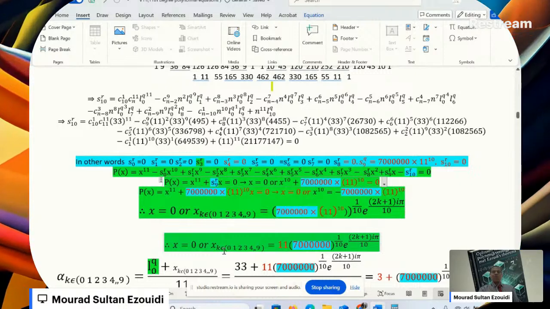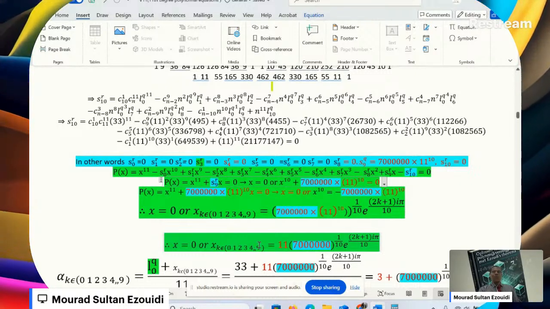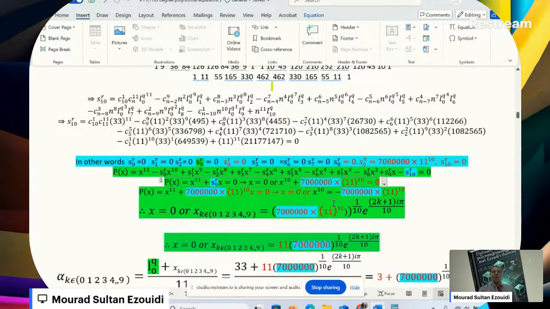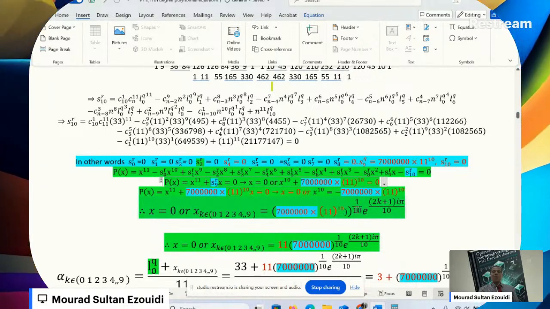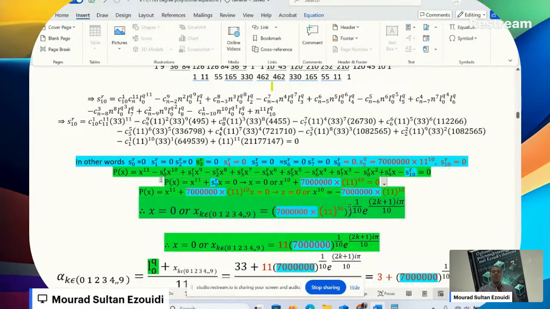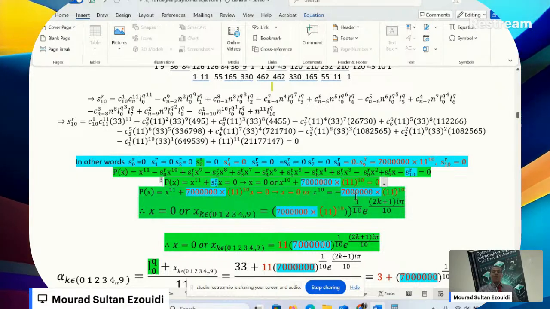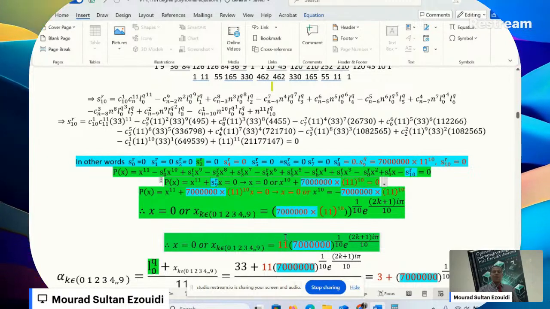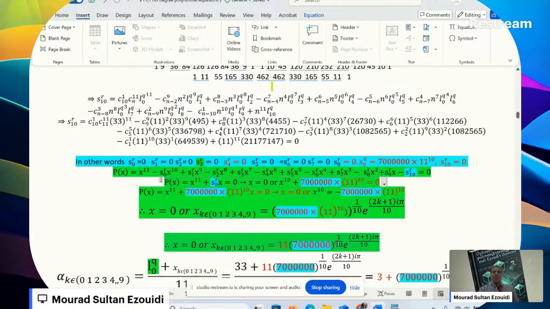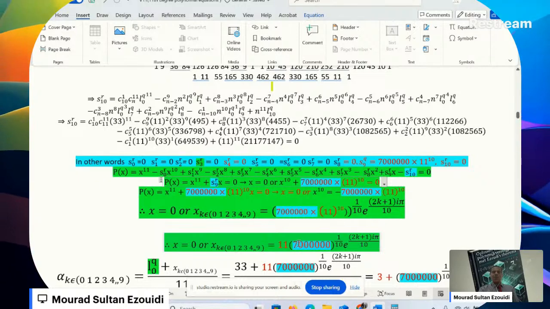So x equals 0 or x_k from 0 to 9 is equal to 11 raised to the power 10, all raised to the power 1 over 10. The powers and indices will cancel out: it will be 1 times 10, 10 divided by 10 is 1. That's why here we put 11 only to the power 1. It's 11, but the rest will be in terms of roots.